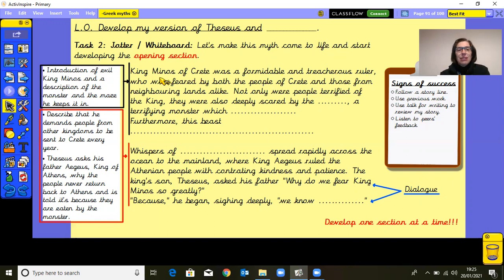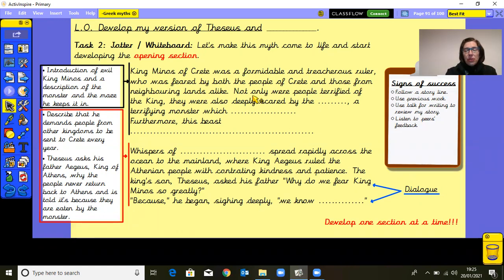But I extend it again by using a relative clause, who was feared by both the people of Crete and those from neighboring lands alike. So I give more details again about King Minos. Not only is he a formidable and treacherous ruler, but he is also feared by people of Crete and other lands.